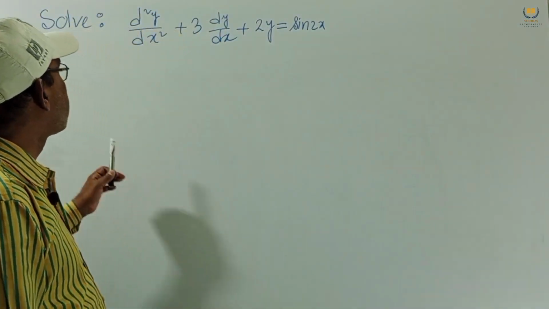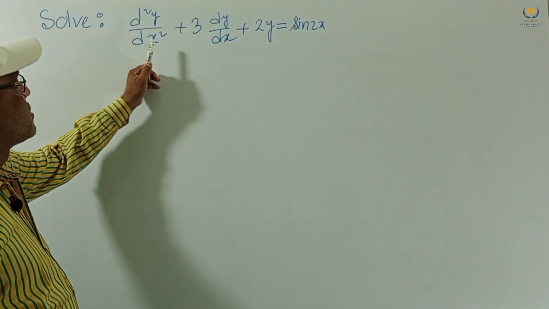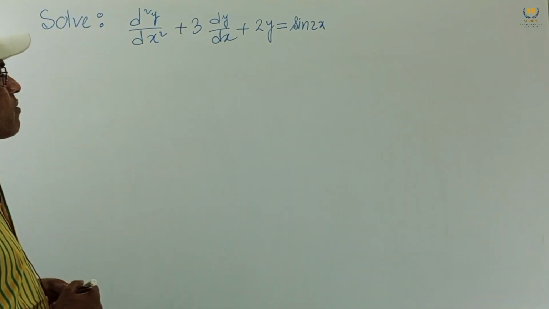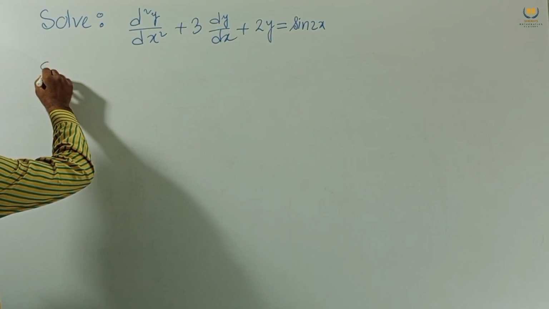The problem is: solve d square y by dx square plus 3 dy by dx plus 2y equal to sin 2x. Now we want to solve this problem.